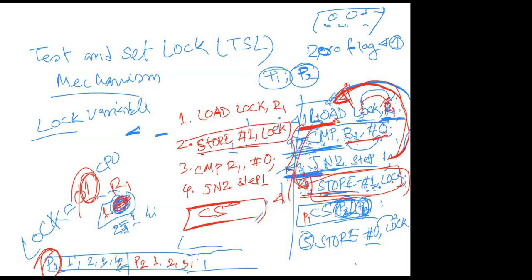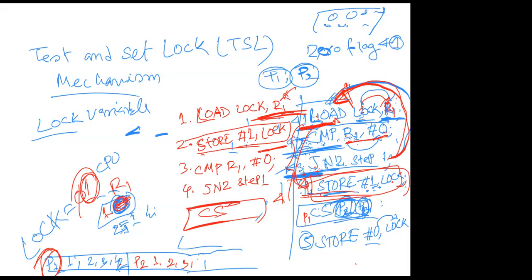So from here you can see if a process is preempted after executing line number 1, then there will be a chance for two processes to enter the critical section, because the process is preempted here, but it doesn't actually update the lock value. Only if the process is preempted after executing these two lines does it update the lock value.